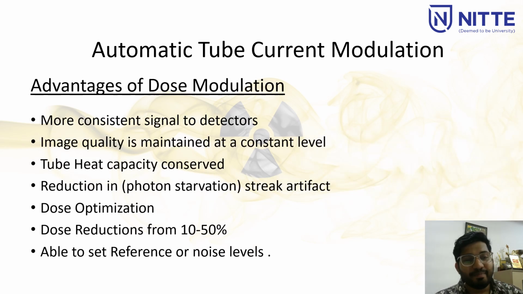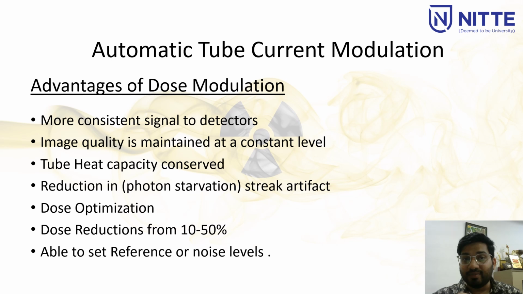Now we'll look into the basic advantages of dose modulation: more consistent signal to the detectors, and image quality is maintained at a constant level. Sometimes if you are using a fixed MA, that MA will be appropriate for a particular attenuation, but it may not be suitable for a higher attenuation structure.